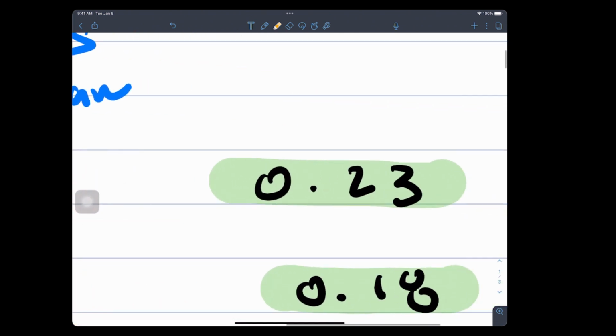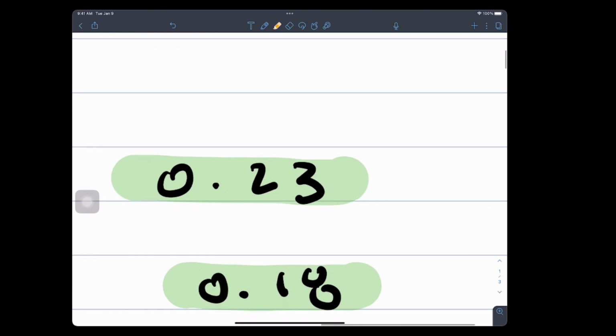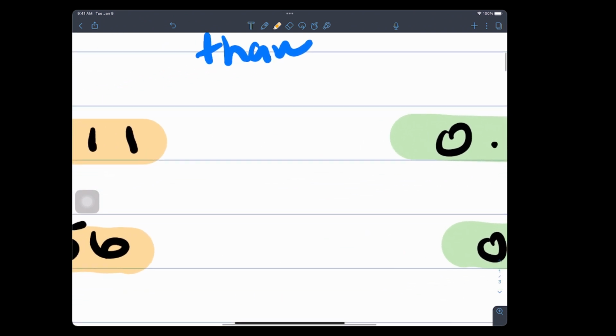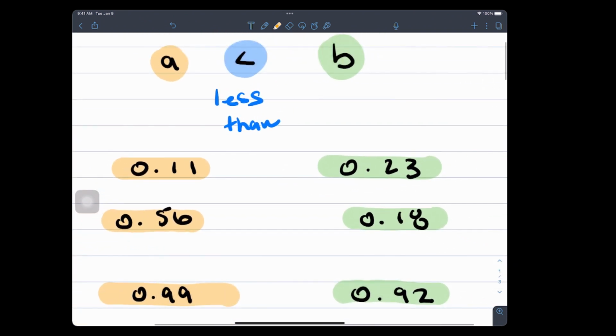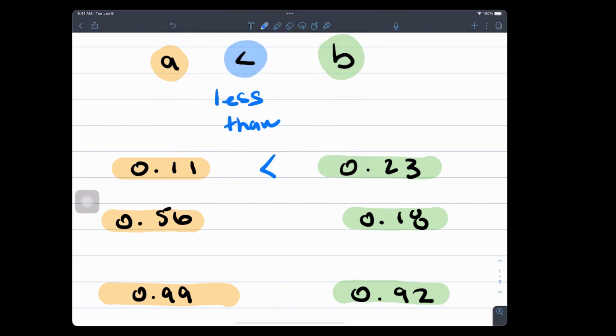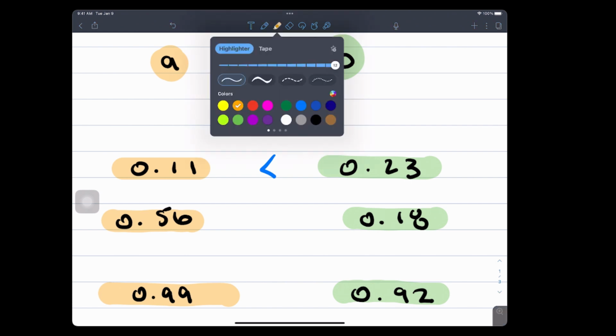All right, what about over here? What does that stand for? 0.23. If you looked at your receipt and it had 0.23, you would say that's what? 23 cents? Is that true? Okay, let's ask you guys this question then. Is it true that 11 cents is, what's the phrase here?